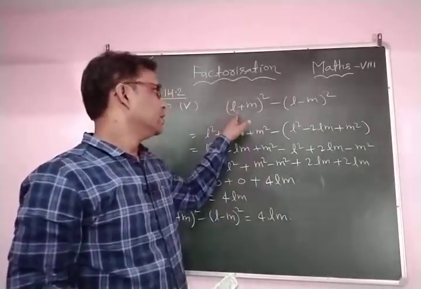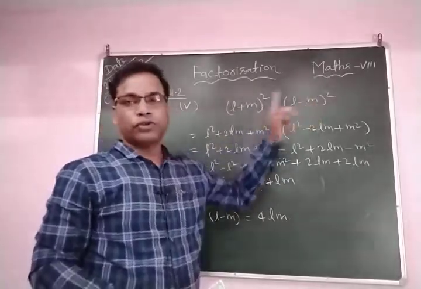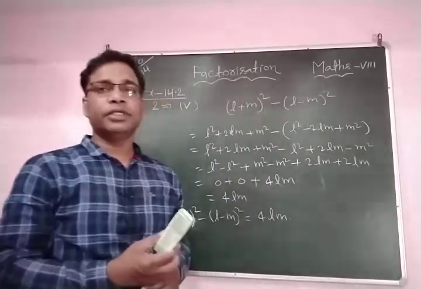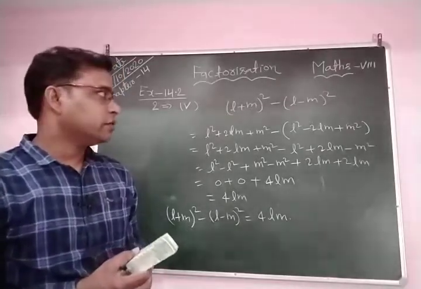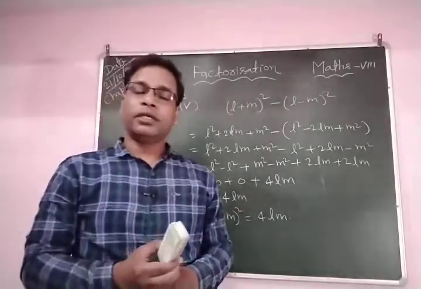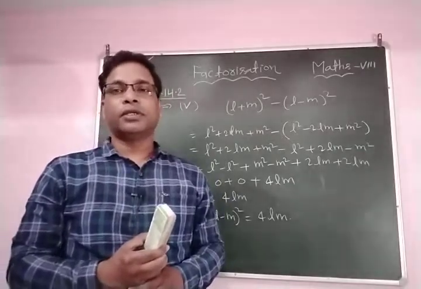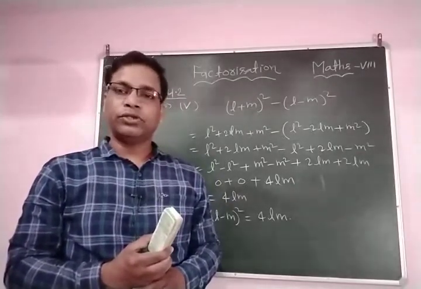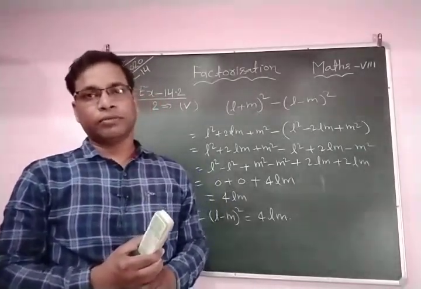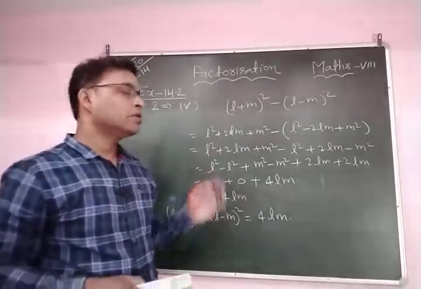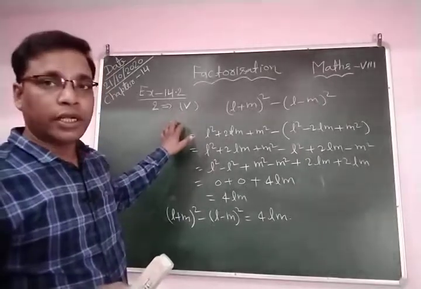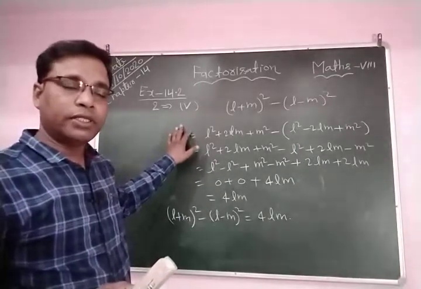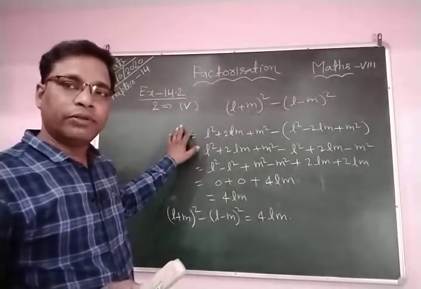If you take this as a square and this as b square, you can see this is a difference of two squares. For a difference of two squares, you write sum of the numbers into difference of the two numbers. This is equal to (a plus b) into (a minus b).